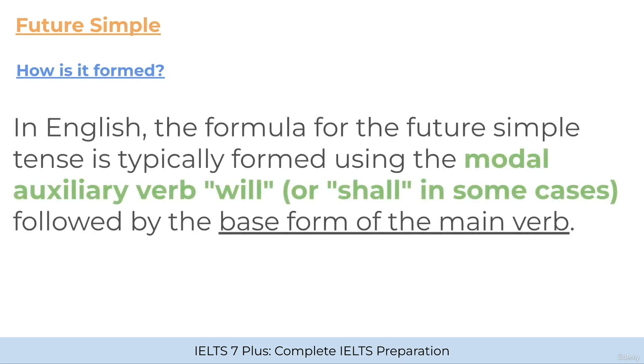And the formation of it. So we want to use the modal auxiliary verb will or shall in some cases, but more often than not will. And then you follow this with the base form of the main verb. So before the verb has been changed in any way, the base form.